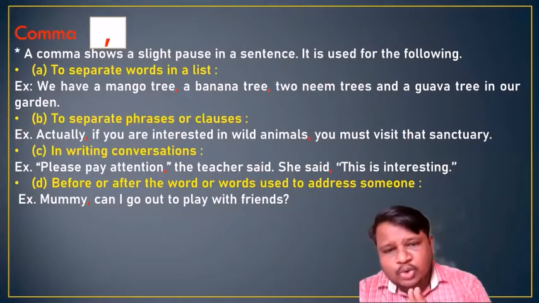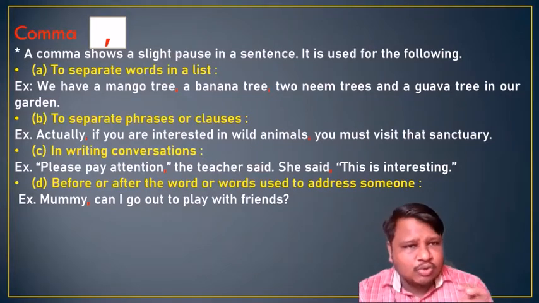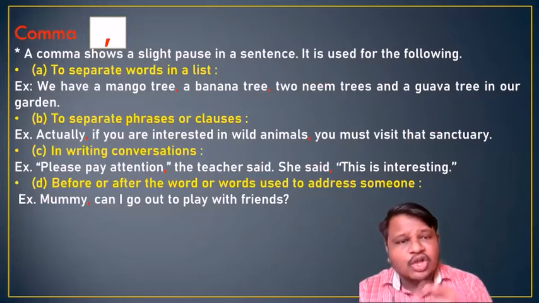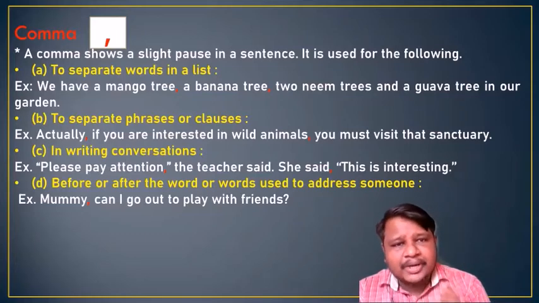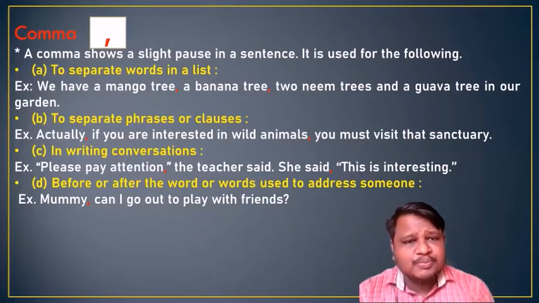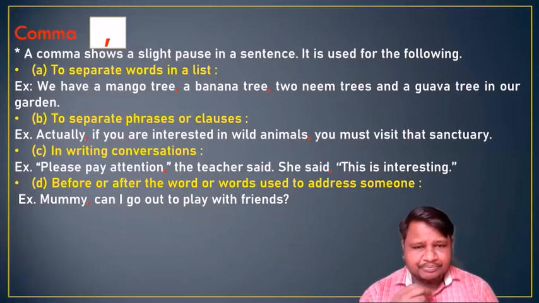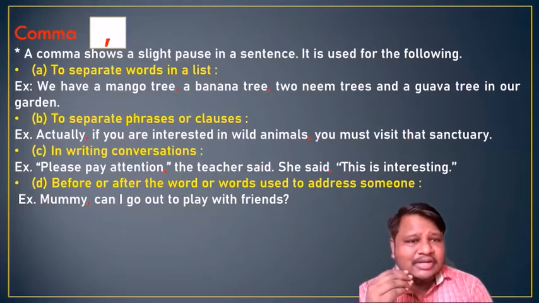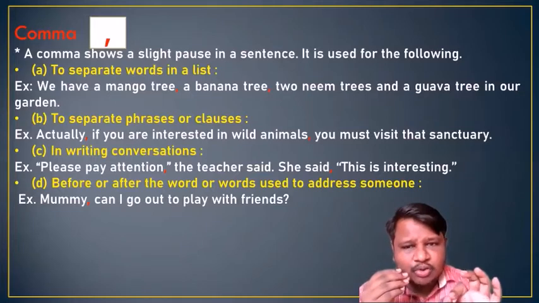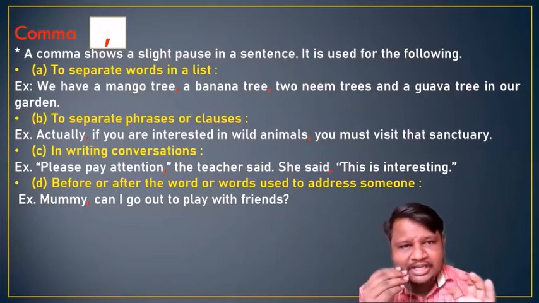There are 4 rules of using comma in a sentence. First, to separate words in a list. When we have to separate words in a list, at that time we have to use this punctuation mark. The example is given there. We have a mango tree, after that we have used comma because we have to stop while speaking here.